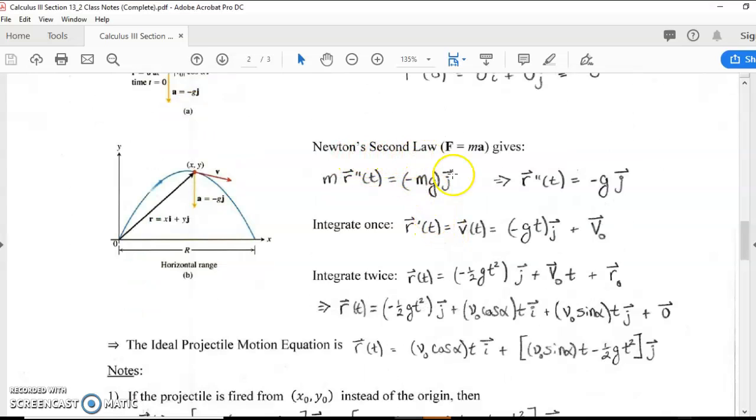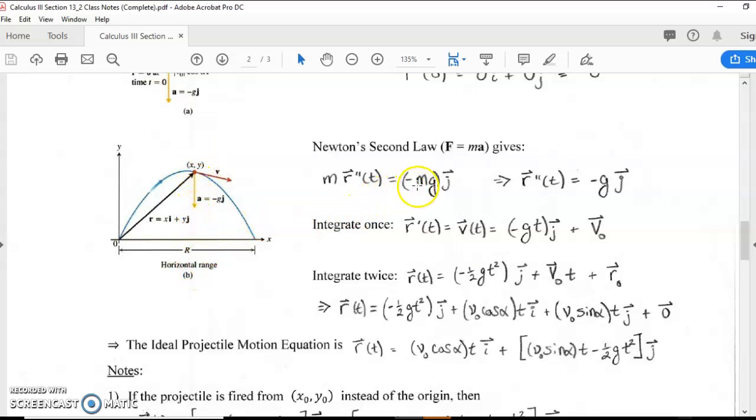Okay, Newton's second law, which is force equals mass times acceleration, gives us the following. We know that mass times acceleration would be mass times the second derivative of the position function. Well, the only acceleration that acts on this in the ideal situation is gravitational force, and that always acts downwards, towards the center of the Earth.